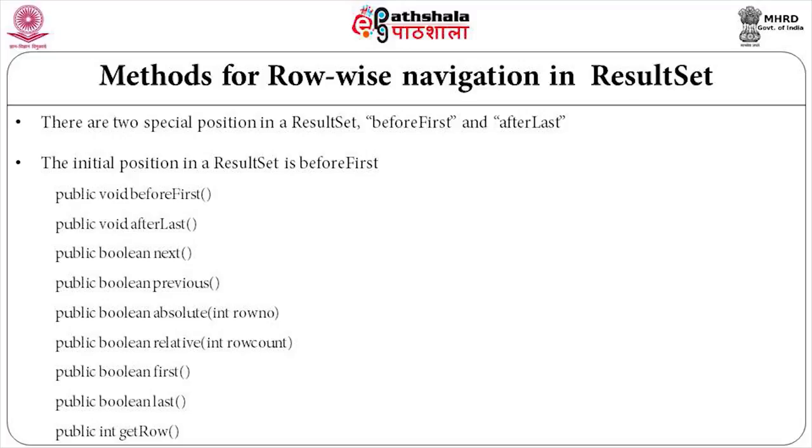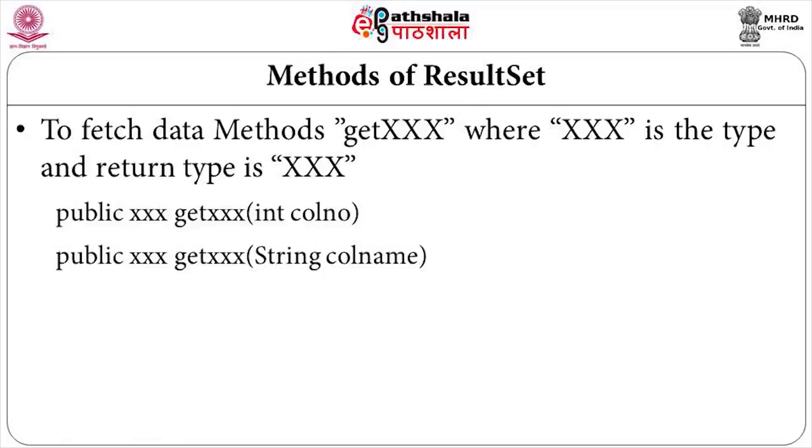So that's the navigation part, but what about fetching the data? How do I fetch the data? To fetch data, we don't have a single method here. Depending on what type of data it is, from which column you are trying to fetch the data, for each type of data there would be a different method.